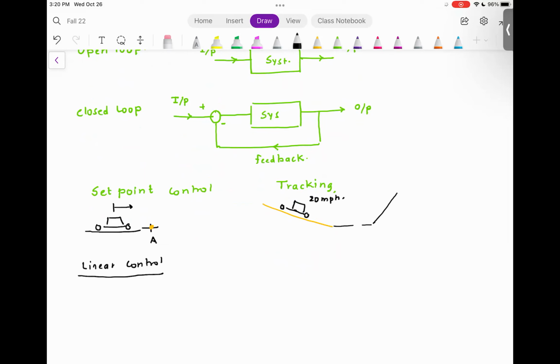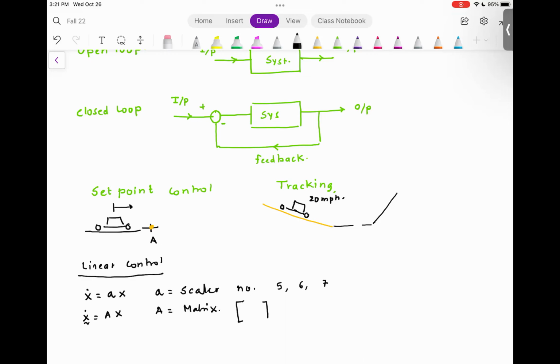Whenever you have a linear system, the linear system is given by maybe x dot is equal to ax. Remember we talked about this, x dot is equal to ax, where a is a scalar quantity. Scalar means just a number like 5, 6, 7, or x dot is equal to ax, where A could be a matrix, which means it would be something like this.